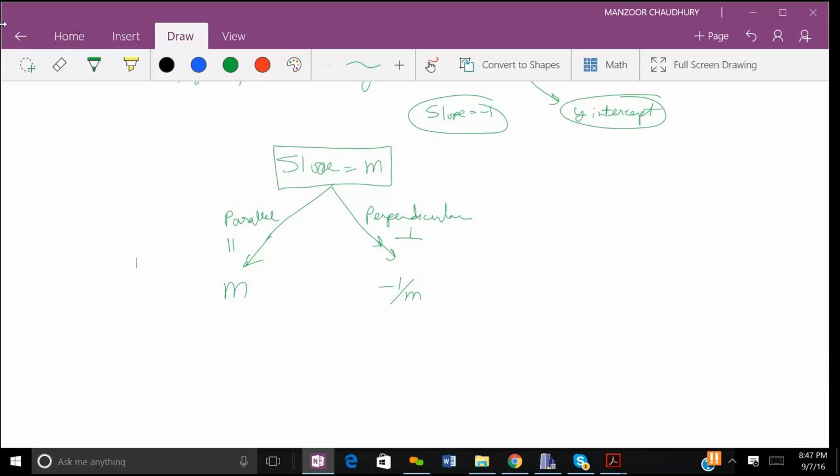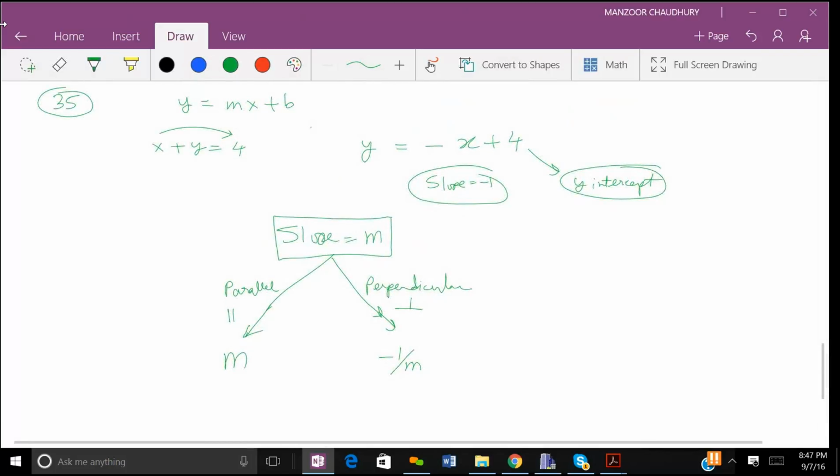Okay, so we know the slope. Now we need to find the perpendicular slope. When you know the slope, the parallel slope is always the same. But the perpendicular slope will be -1 divided by that. The parallel slope would be -1. Perpendicular slope would be -1 divided by -1, which is +1, right?